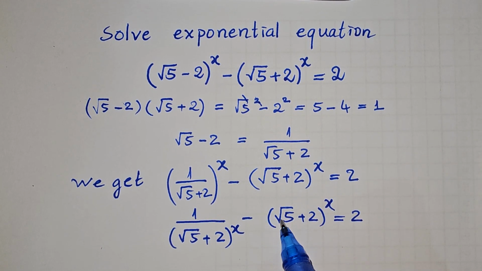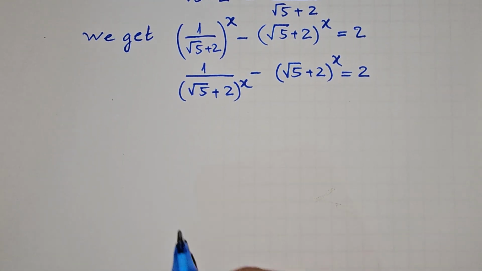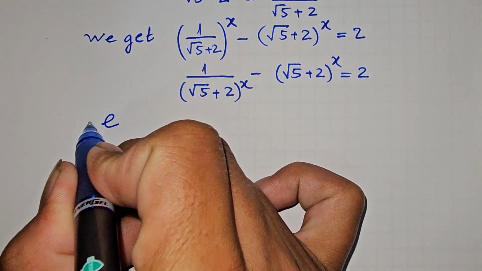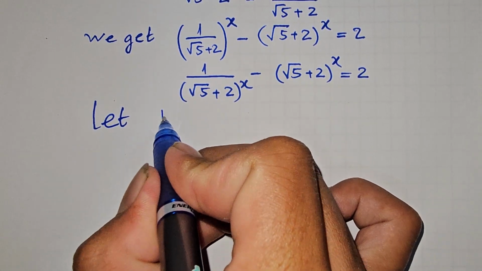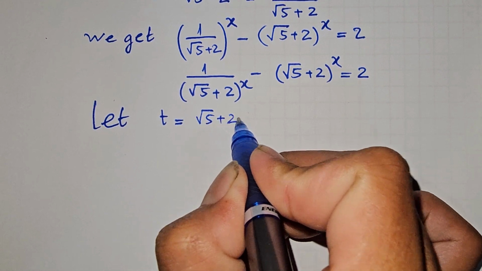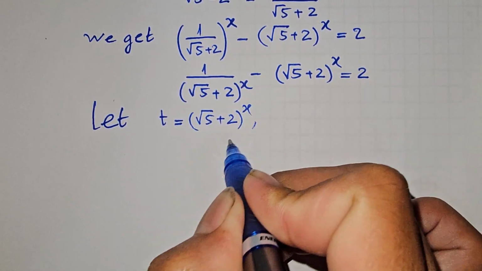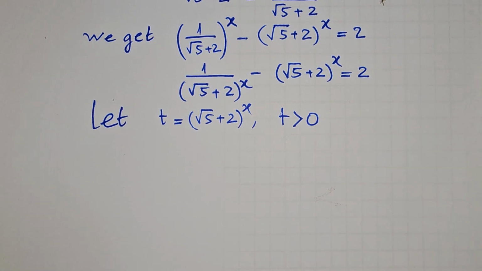And now we see that square root 5 plus 2 is the same, so we let it be a new variable. I let t equal (square root 5 plus 2) to the power h, where t is positive.